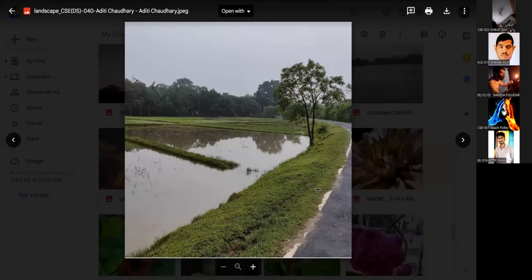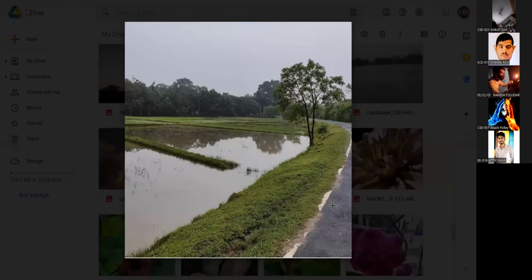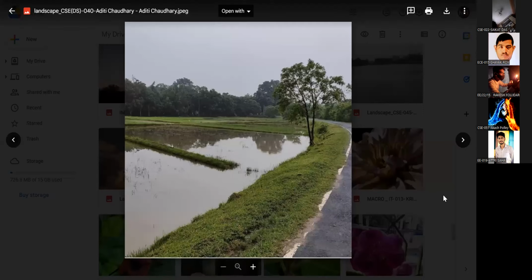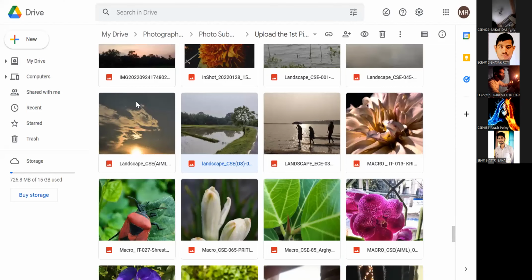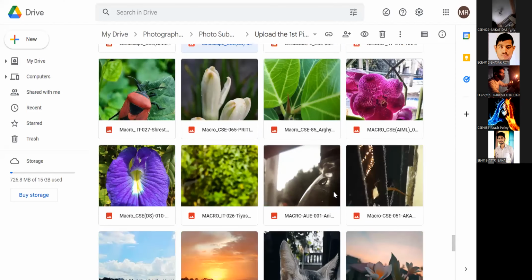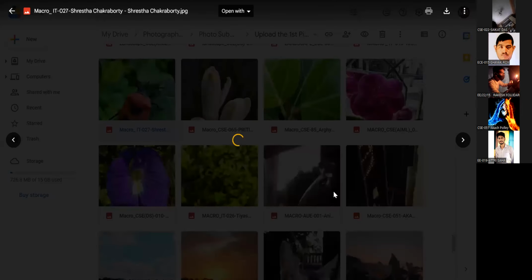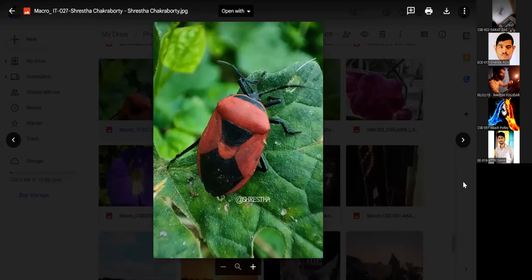I don't know why it has not taken the road, but the interesting point was on the road. So the picture was missed because of his or her choice, because it is Aditi Chaudhary. Okay, this one is looking good, apparently looking good.